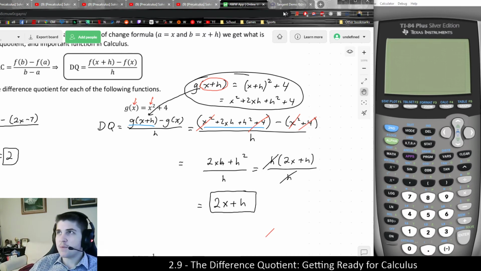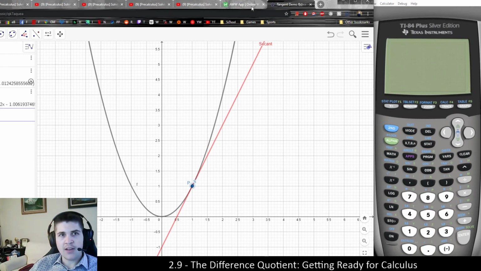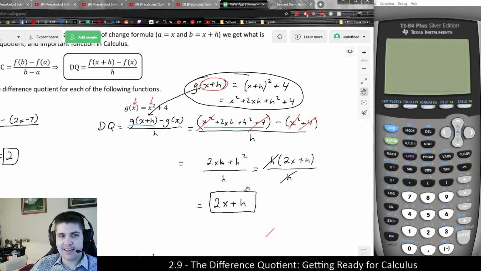But additionally, what I was saying in this demo is that our goal is to view what happens as h goes to 0. And notice that in simplifying the difference quotient here, after I finished simplifying, the h in the denominator actually ended up canceling, which left me with an expression where h could be 0.